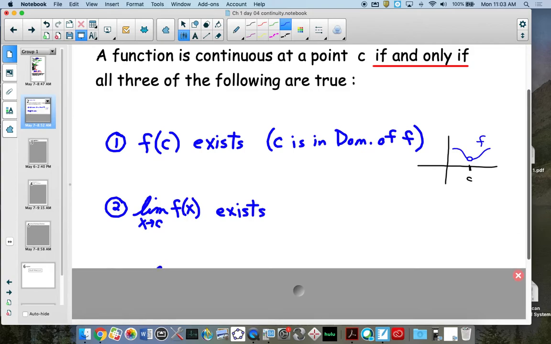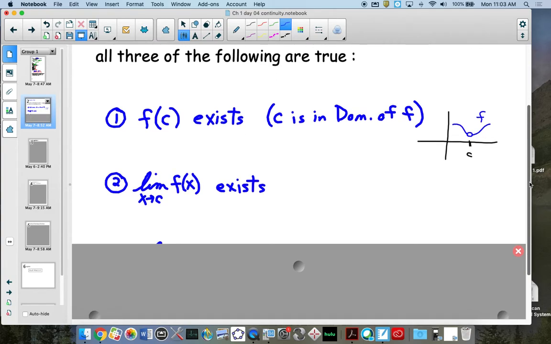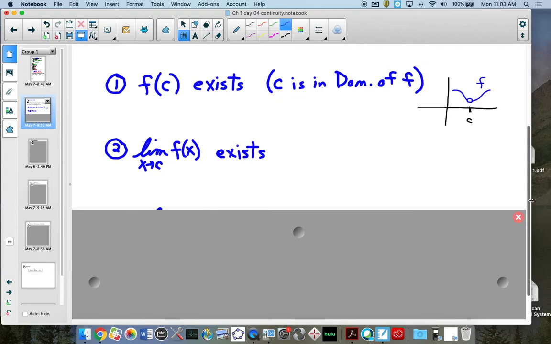The second part that has to be true, the limit as x approaches c has to exist. So if you notice in that first picture, the limit does exist, but f of c does not exist. So let me show you a case where f of c exists, but the limit does not exist as x approaches c.